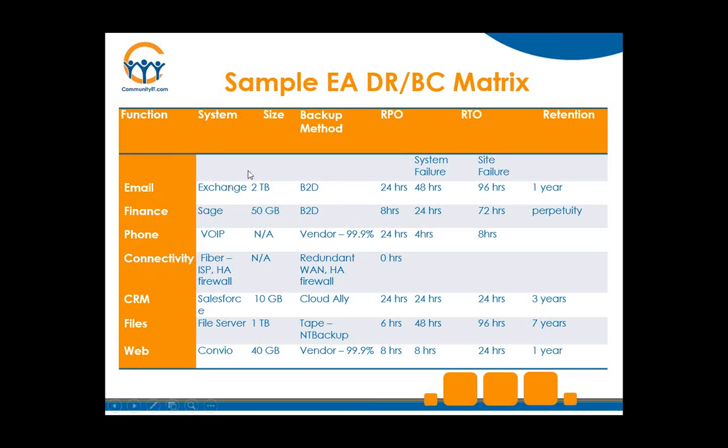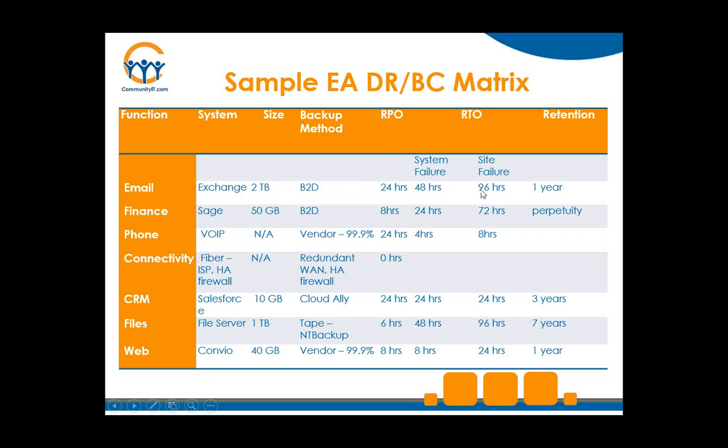So in this case, let's say we've got our email system, it's Exchange, we're a big organization, we have 2 terabytes of data, we're backing it up to disk once a day, so our recovery point is 24 hours. If the whole system fails, we think we will be able to recover it in 2 days.